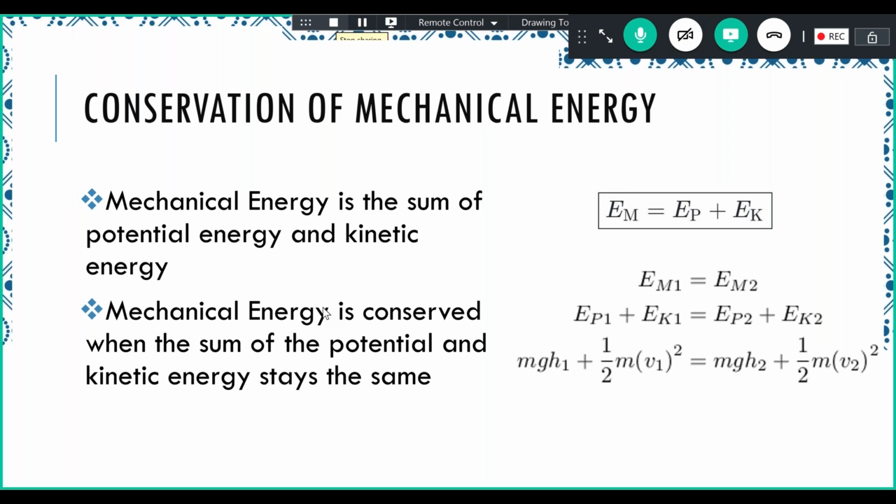But in this PowerPoint, we're just going to call them negligible because I'm trying to focus on teaching you about potential energy, kinetic energy, and work.